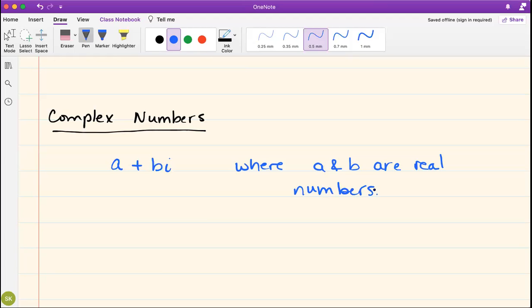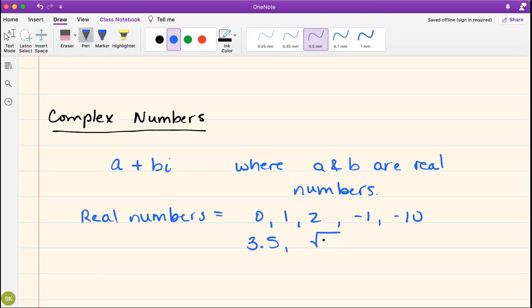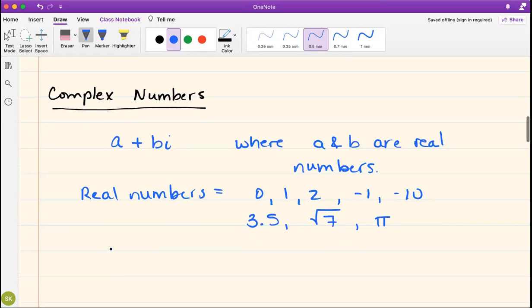Just to review, real numbers can be anything like 0, 1, 2. We can put -1, -10, any of the negatives. Also decimals like 3.5. Square roots like the square root of 7. We can also do things like pi, that's about 3.14. All of the numbers that you're familiar with that make up the real number line.